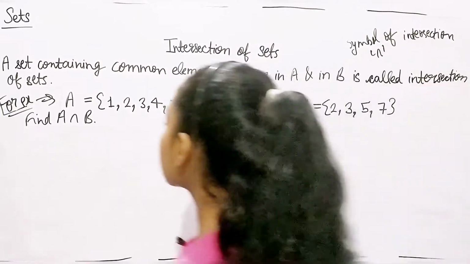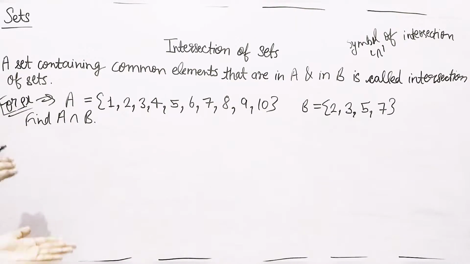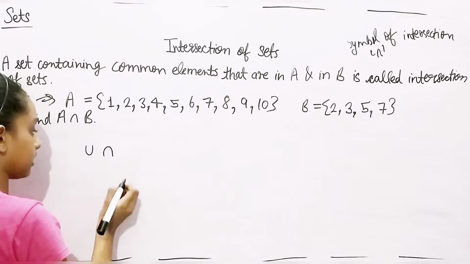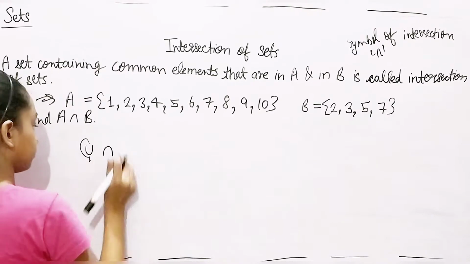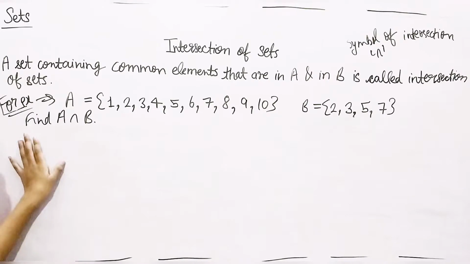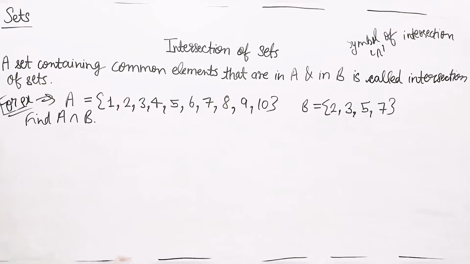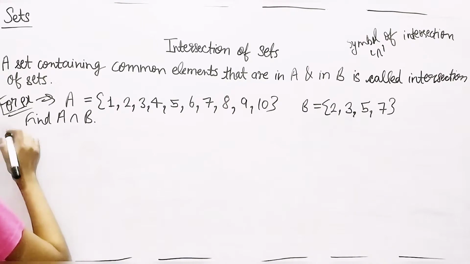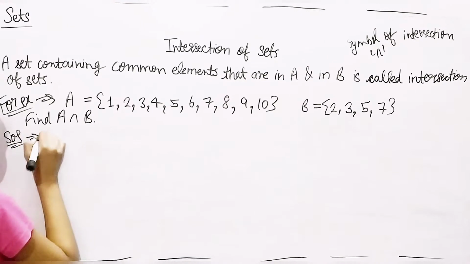It's right opposite of union: in union we use this one, but intersection is this one, the opposite. Let's just drop this, we don't need it. So find A intersection B. Let's solve it.